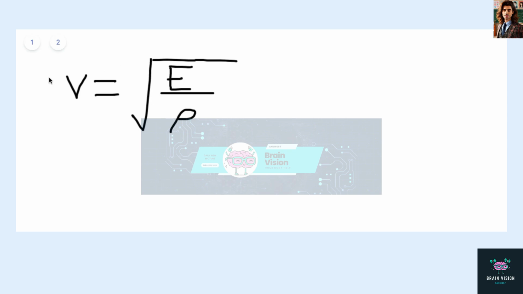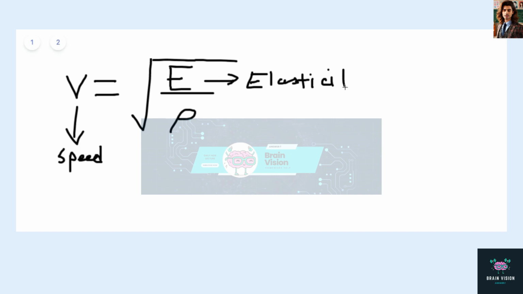This relates the speed of the wave, the elasticity, or elastic modulus E, and rho, which is the density.